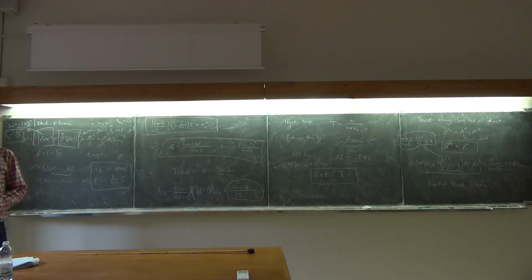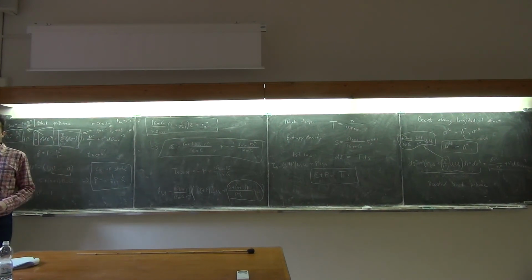Is it a new solution or not? This metric relates to the previous one up to a diffeomorphism. So seen from GR, it's not a new solution, sure. From the general relativity point of view, this and that are exactly the same. It's just expressed in different coordinates.